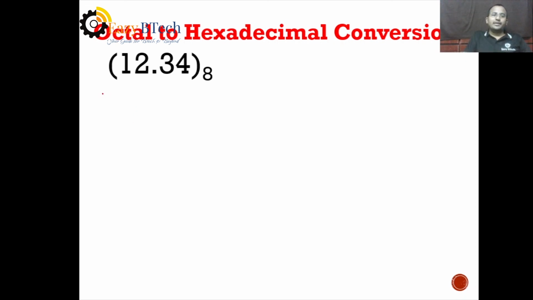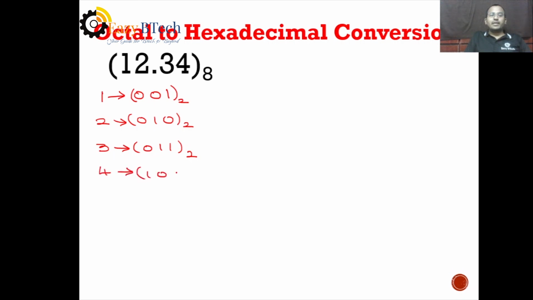So 1 means the corresponding binary equivalent is 001, for 2 it is 010, for 3 it is 011, and 4 means it is 100.